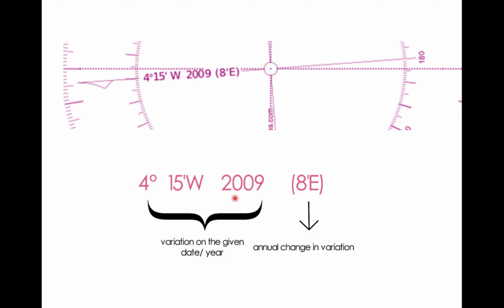This 2009 was still from 2009, and now it's already 2020. So it's a very big difference now, because every year the variation will change by 8 minutes east. This is the annual change in variation. Every year. Just imagine we're already in 2020 now. How many years is that? That's like 11 years already.